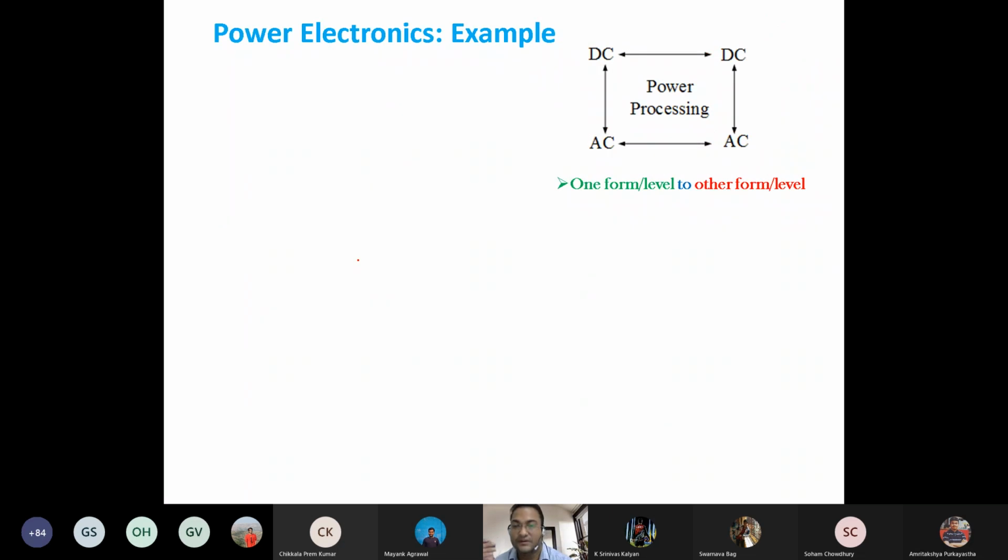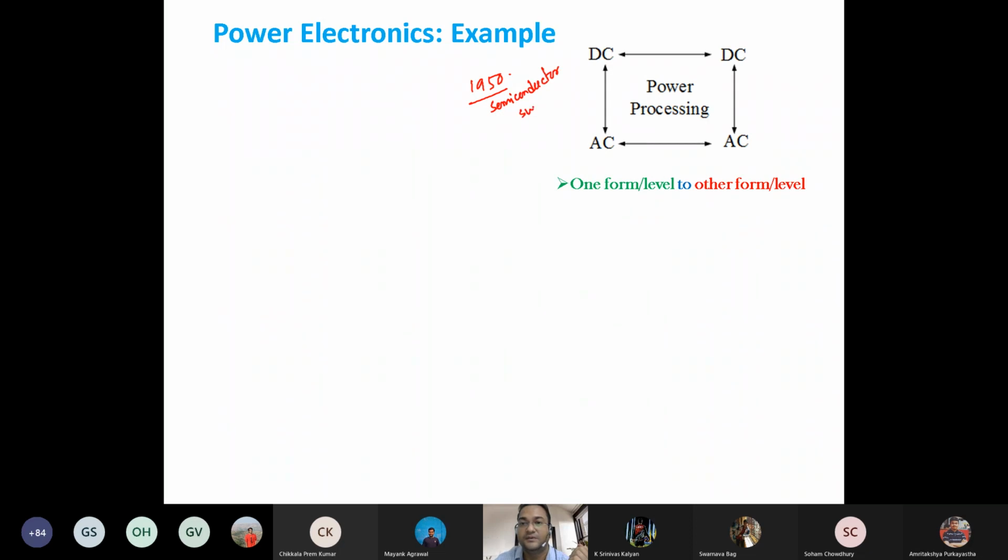So now, let us think about a solution. Let me tell you, this power electronic solution became popular in the late 90s. Basically, around the 1950s, we had these power semiconductor switches.